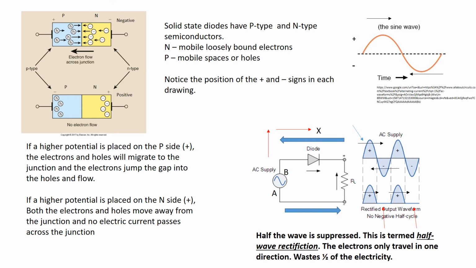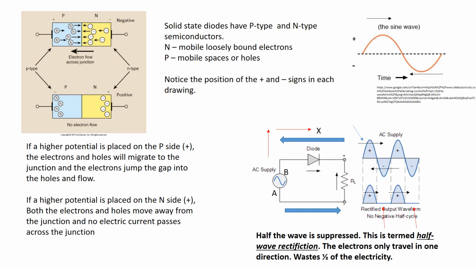So if we look now to the bottom left of this slide, if a higher potential is placed on the P side, the plus by the P, if you look at the top drawing, the electrons and the holes will migrate to the junction, and the electrons jump the gap into the holes and allow them to continue to flow through the circuit.